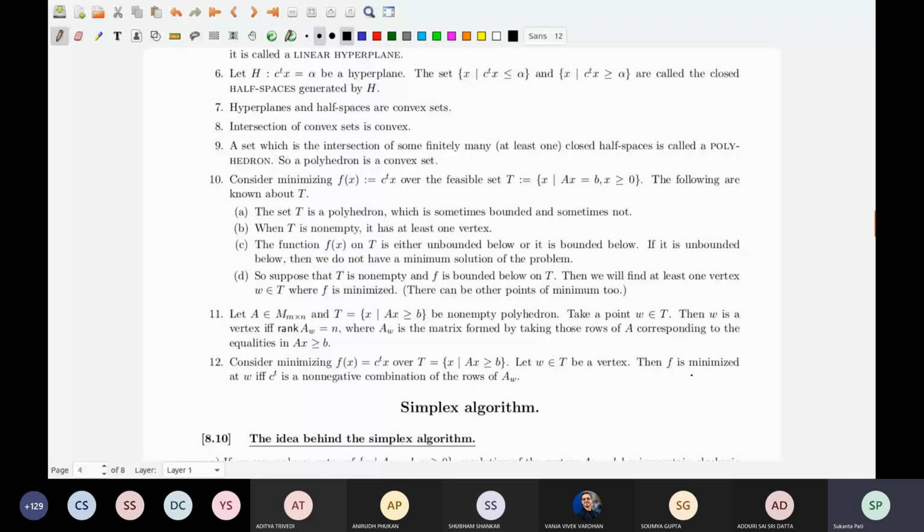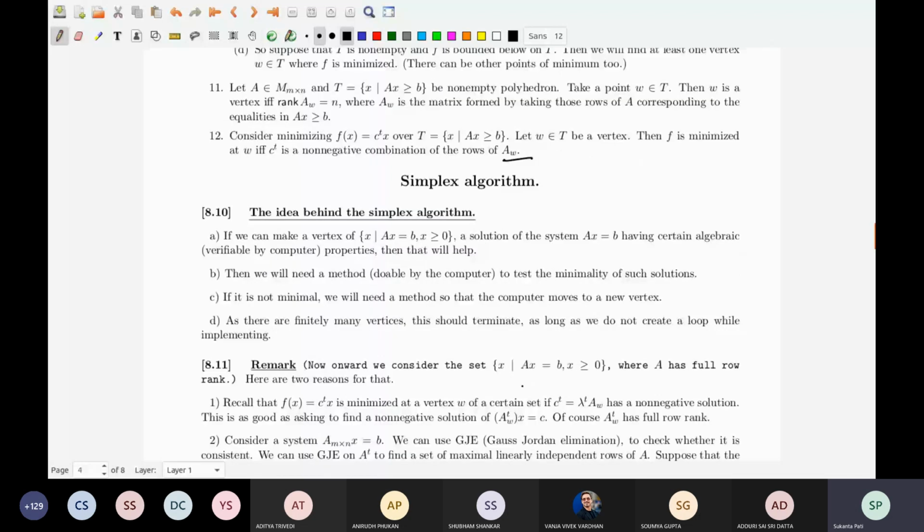Now, whatever we have done till now, based on that, one can think about an algorithmic procedure of how to find a minimum solution. All we have realized is that the minimum solution, if it is going to be attained, is going to be attained at vertices only. And since our feasible set is a polyhedron, there will be finitely many vertices. Somehow somebody has to devise some tests.